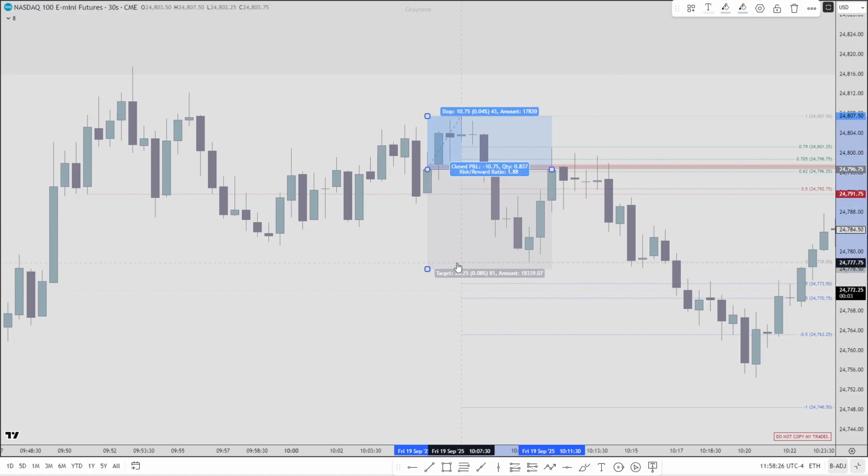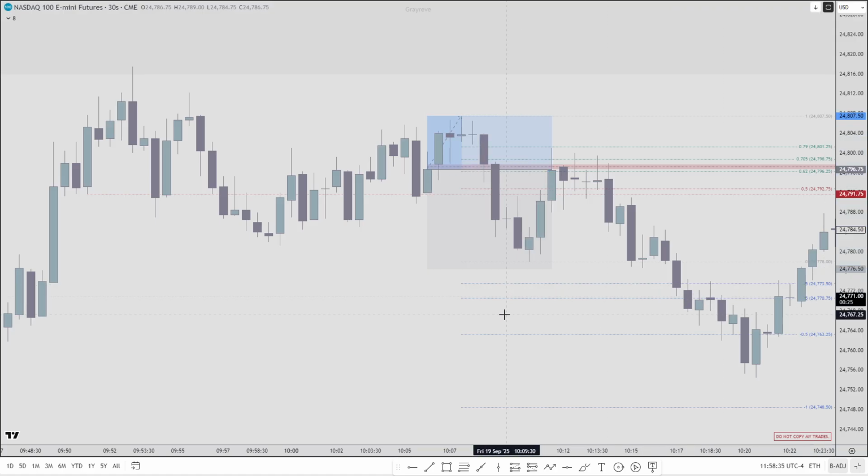I could have looked for 0.15 as the target, but because the market condition is not the best, it's a low probability range bound market condition. It's a Friday, so everything is lined up to fight against me, or fight against the trader who's trying to engage in this market.